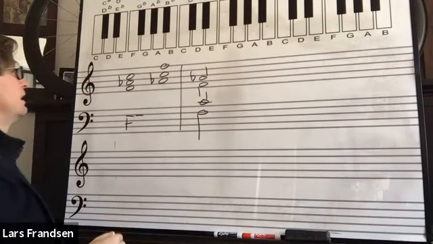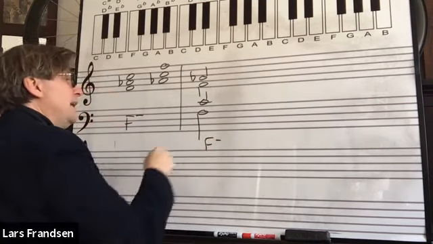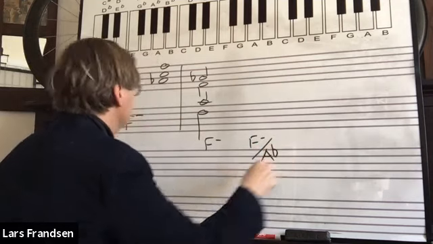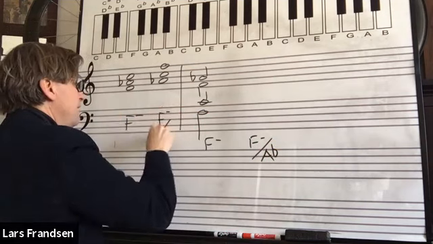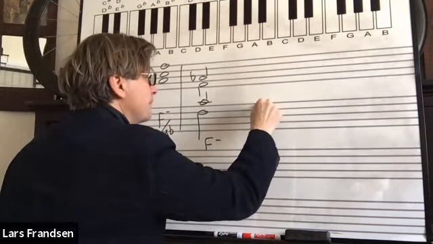Sorry. So A flat. So that would be F minor over A flat. So this would be the same thing, F minor over A flat, and in four parts that would look like this.